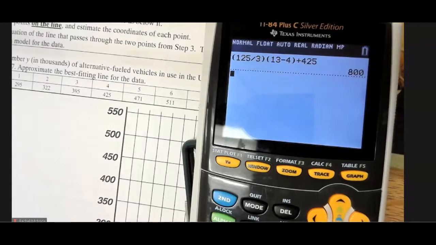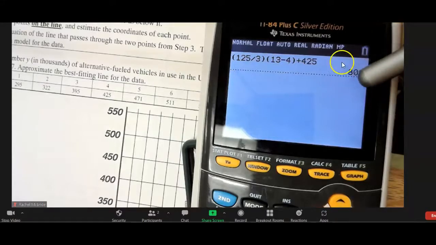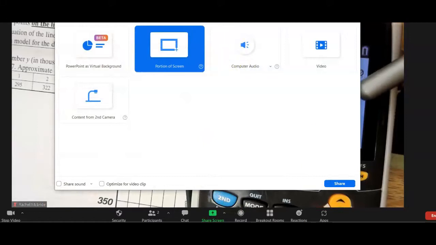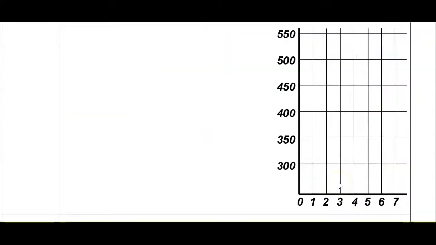And we get that the prediction is 800. So what that means is that when x equals 13, I predict the number of alternative fuel vehicles would be 800.